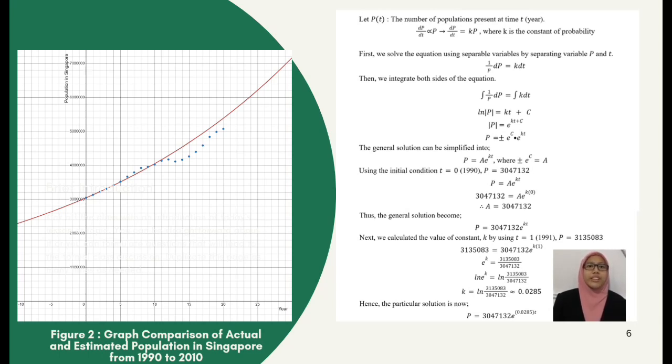Next, we count the value of constant k by using t equals 1 or at year 1991 where P is equal to 3135083. By inserting this into the general solution we arrived at earlier, we will find that k is equivalent to 0.0285. Hence, the particular solution is now P equals 3047132 times e to the power of 0.0285t.